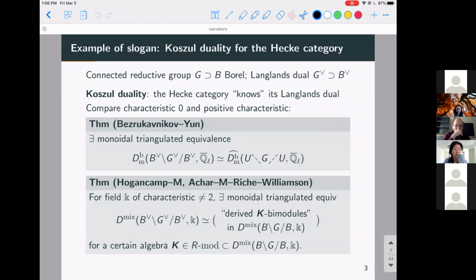In both cases, the left-hand side is supposed to be the Hecke category for the Langlands dual group. Whereas in characteristic 0, the right-hand side was something associated to G, but the category itself was something geometrically more complicated. Especially these notations that I didn't describe are quite involved. To make sense of this hat takes like a 20-page appendix or something, and it still intimidates me.